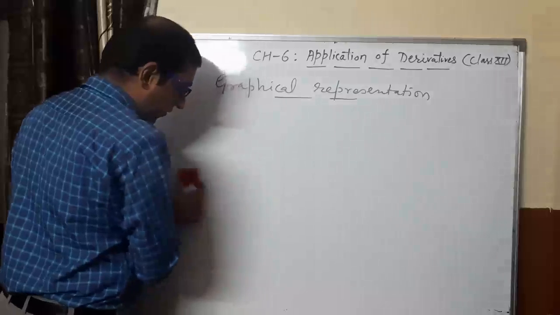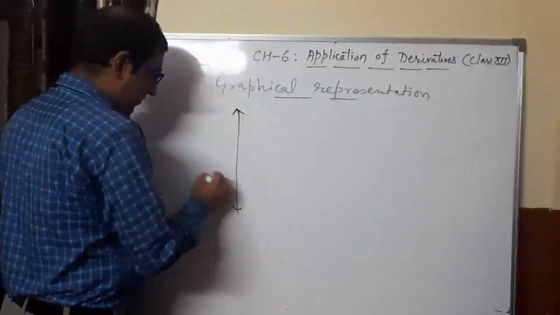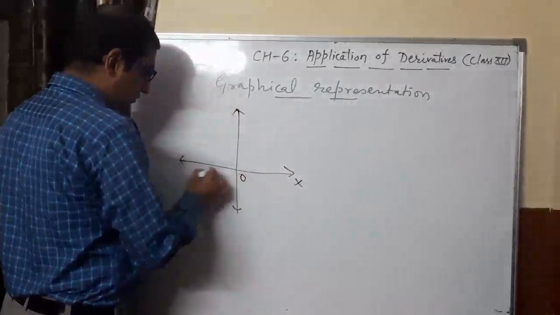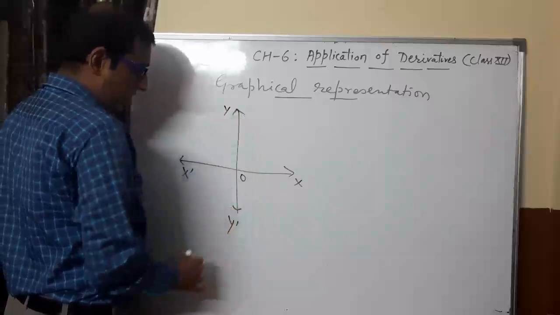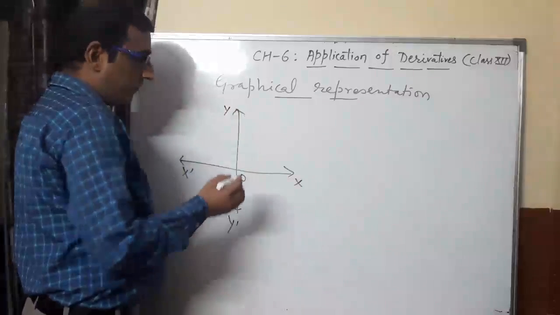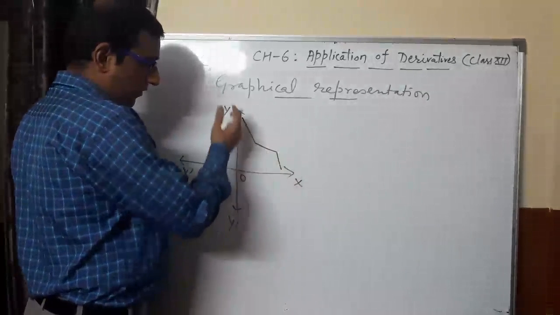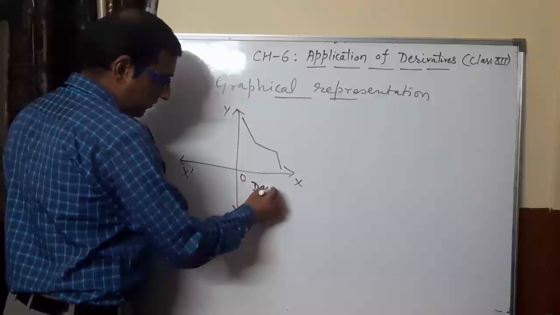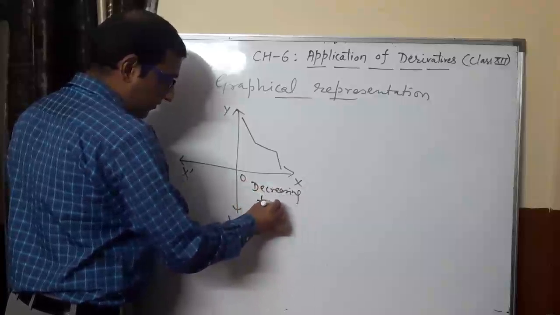So the graph of decreasing function is, again we will start with X'OX, Y'OY. The graph of decreasing function looks like this. This is the graph of decreasing function.